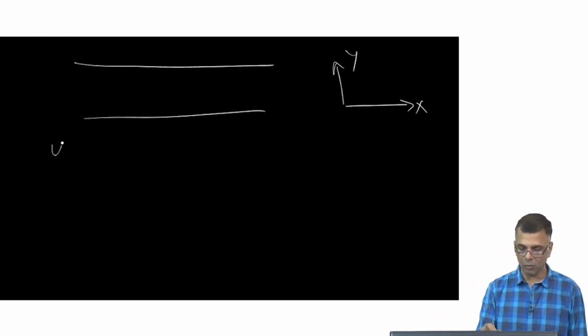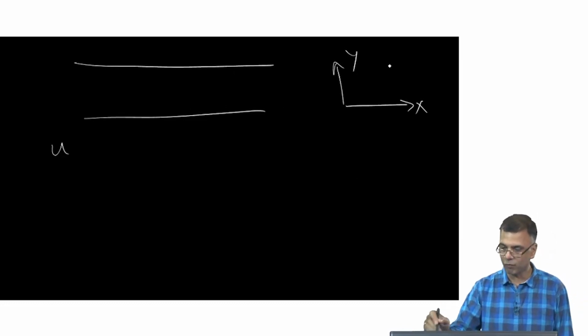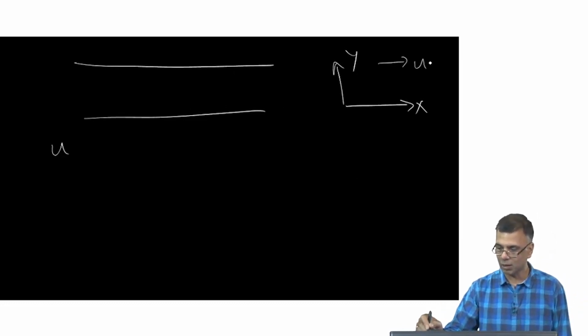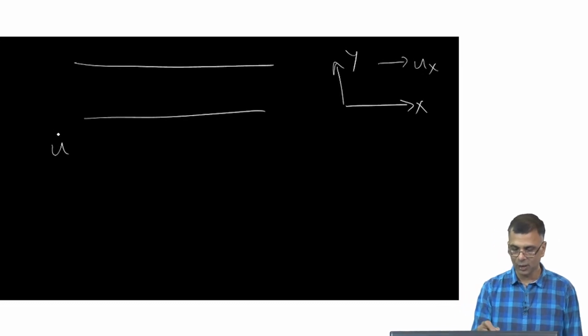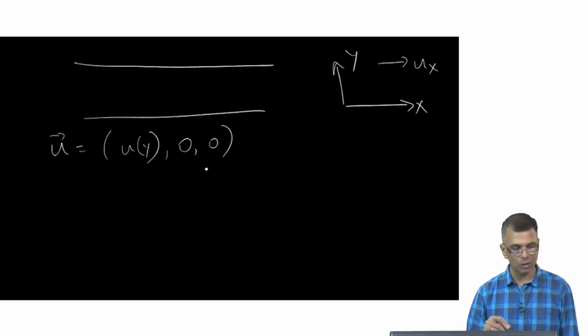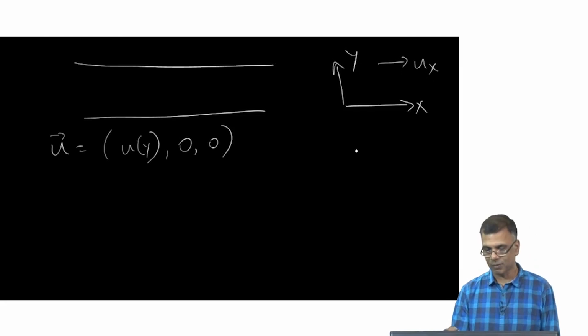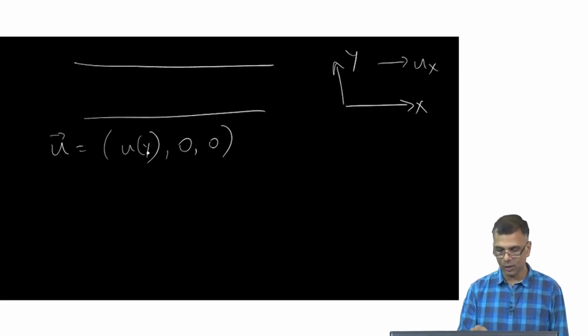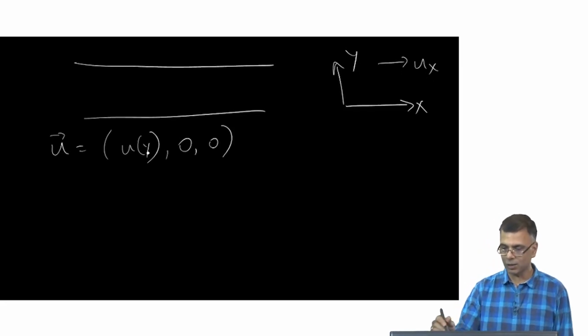So there's a gradient of Ux along y, which means that u is very simple. It becomes u as a function of y, 0, 0. So there's only a Ux, and that's a function of y.